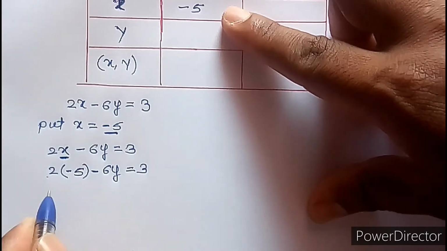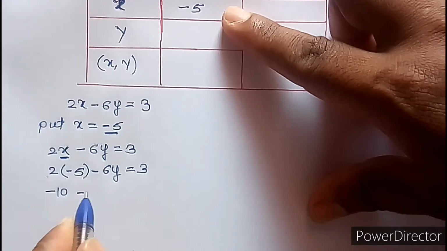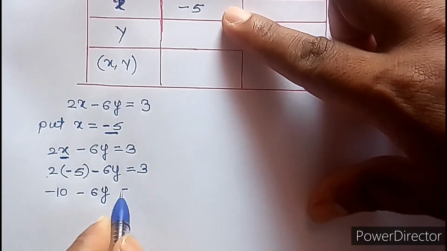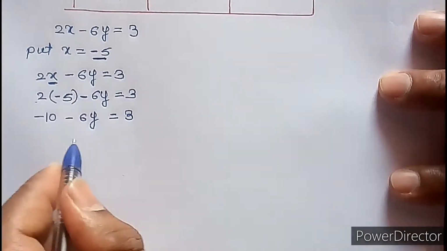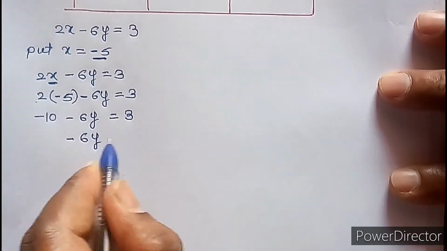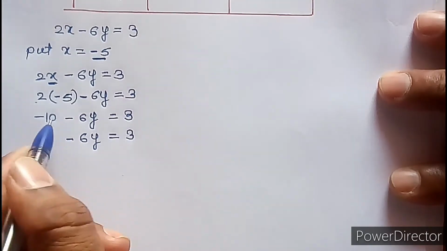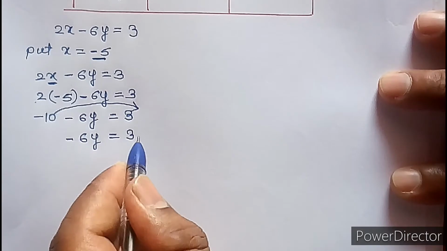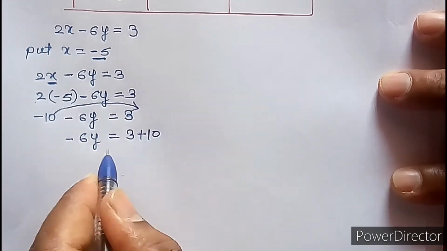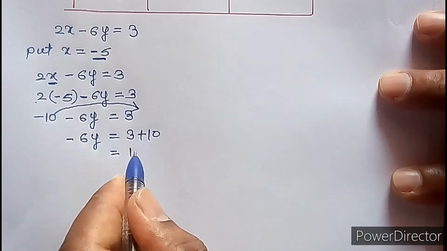Now 2 into minus 5 will be minus 10, minus 6y, equals 3. Shifting this minus 10 to the right hand side, it becomes plus 10: 3 plus 10 equals 13.